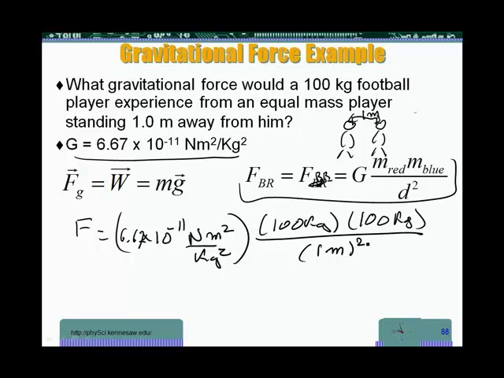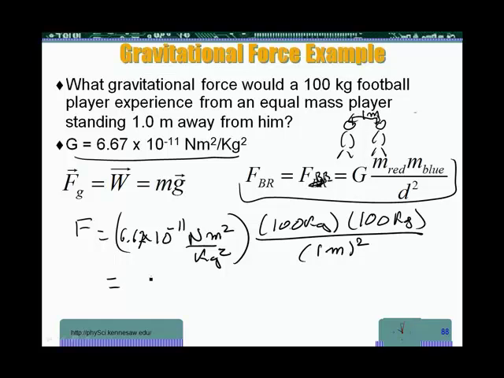Okay, let's calculate these. 100 times 100 is 10,000. 1 squared is 1. So 10,000 over 1 is 10,000.